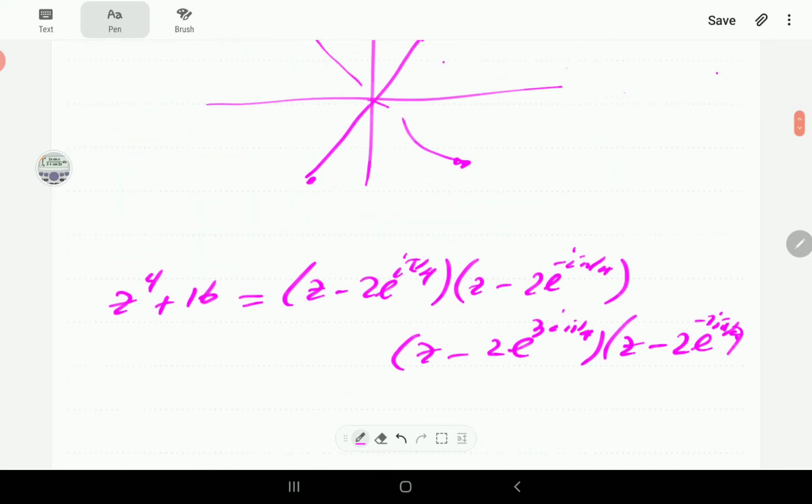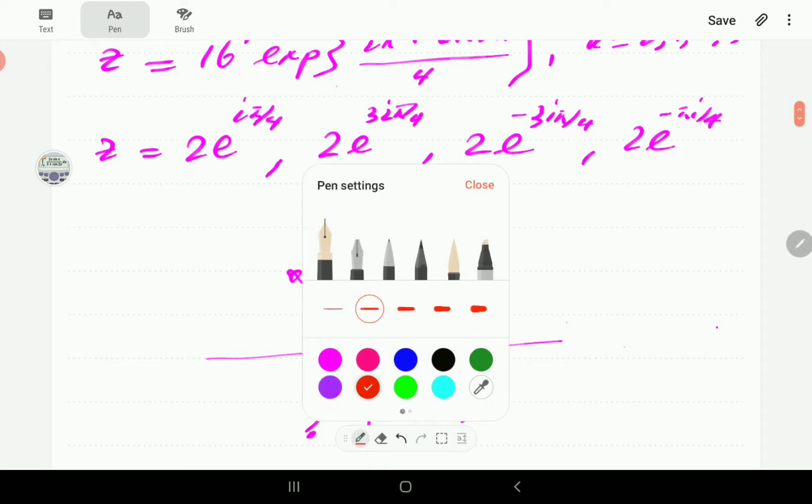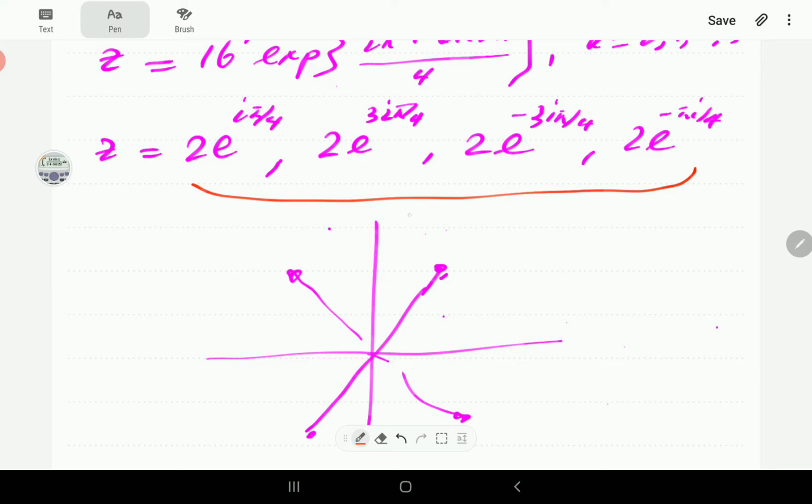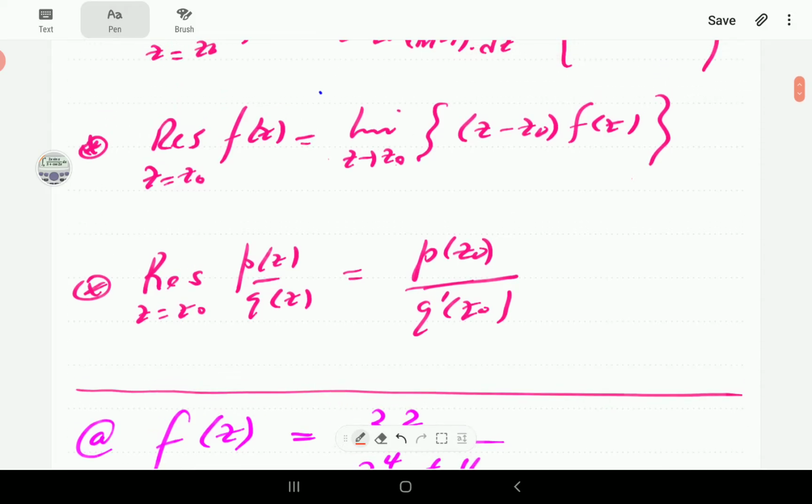And of course, what this means is that each of these is going to be a simple pole, because they're simple roots of the denominator. So that means we can use this last formula here.